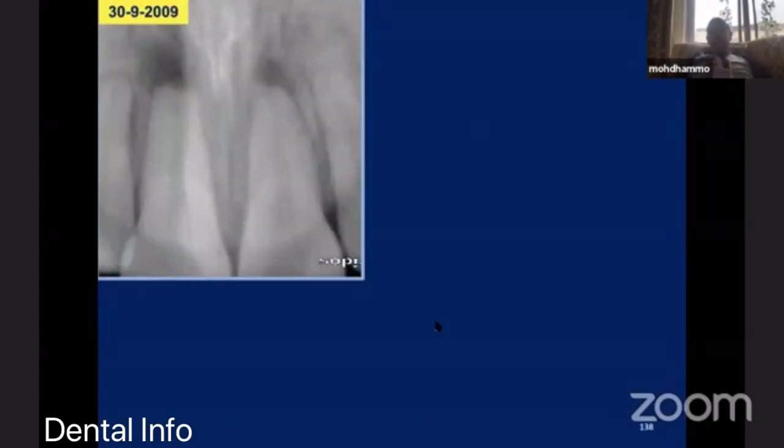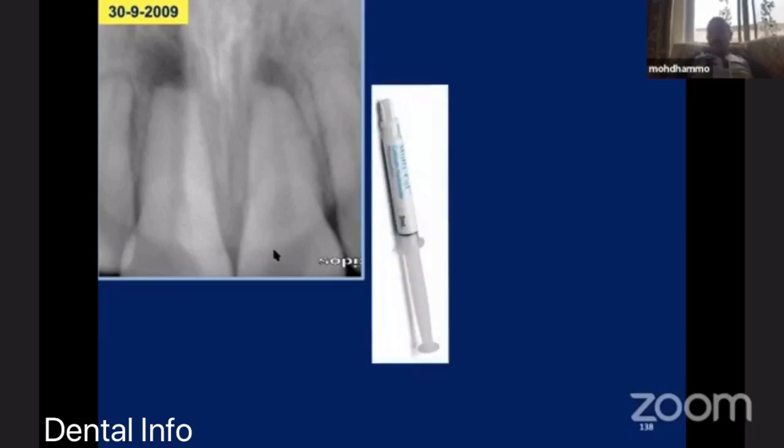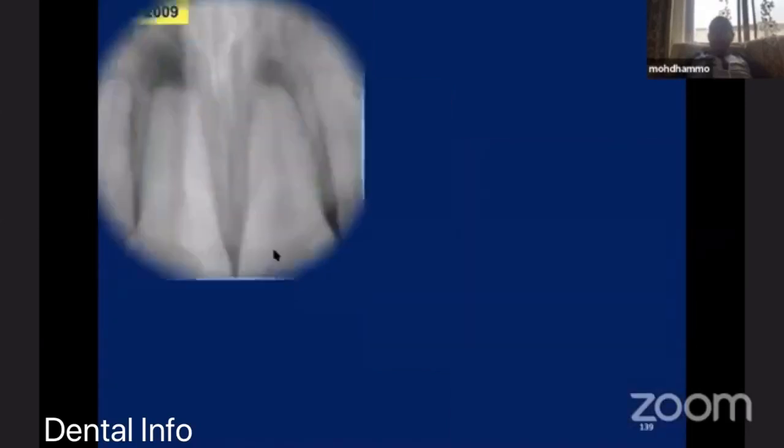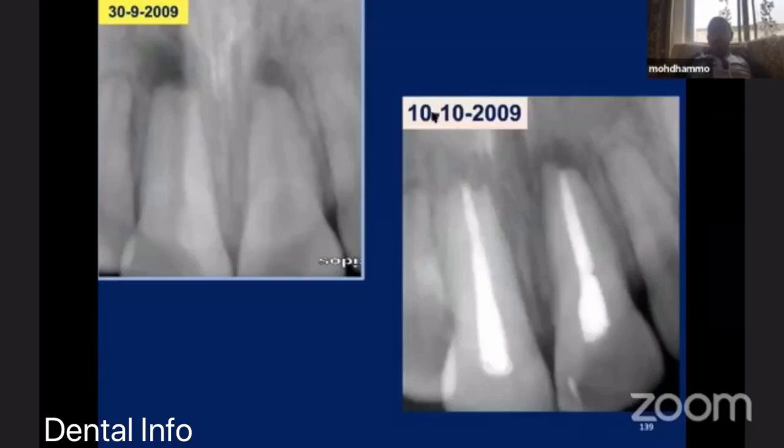So let's see this case here. We have 2 avulsed central incisors. I placed calcium hydroxide inside them. Then, after 10 days, I made my root canal treatment here.